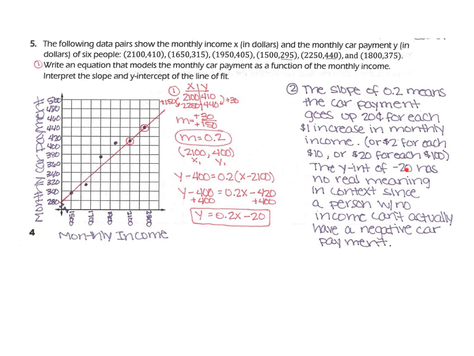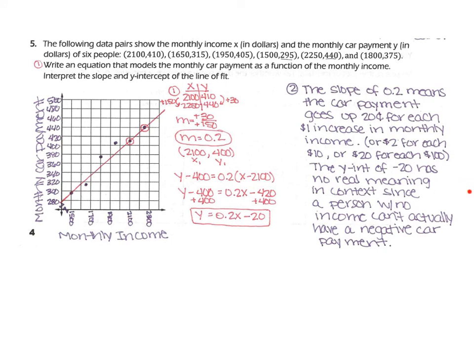The y-intercept of negative 20 has no real meaning in this context or in this situation, since a person who's without any income, if they don't have any income, they can't have a negative car payment. They could have a car payment of 0, but the negative 20 probably isn't realistic. So that's why we said it has no real meaning in this situation.